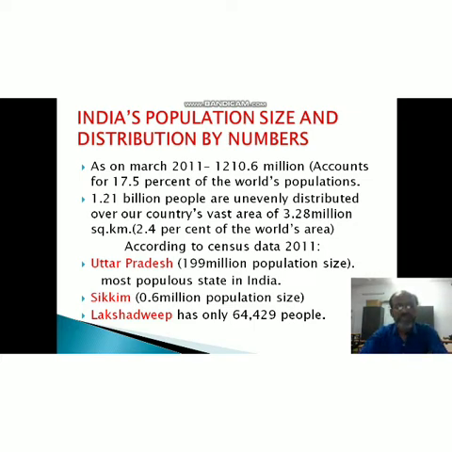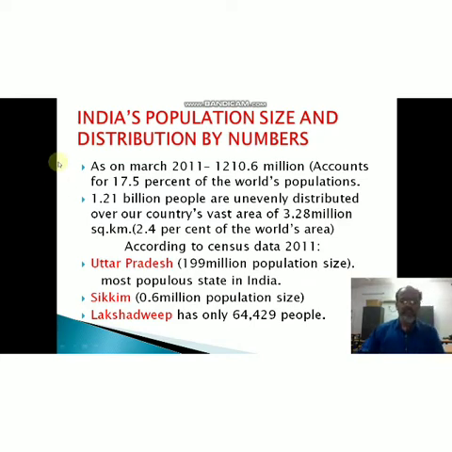Uttar Pradesh has near about 199 million population. You know, Uttar Pradesh is the most populous state in India. Sikkim is the state which has only 0.6 million population.